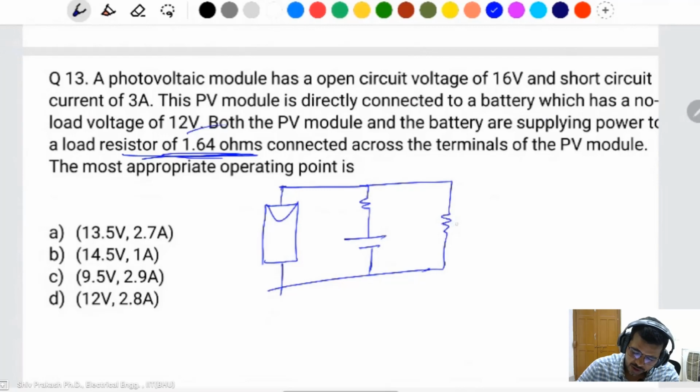This is the load resistance 1.6 ohm. This is the battery, IT.